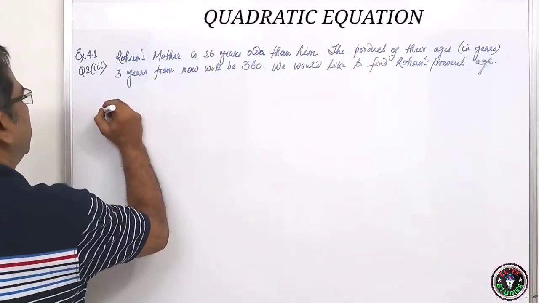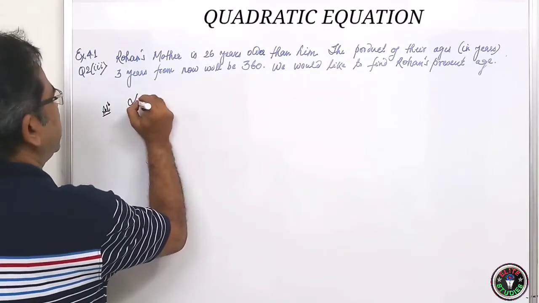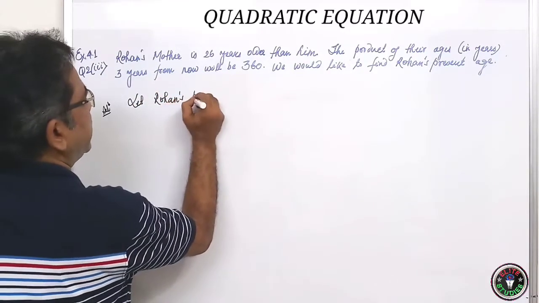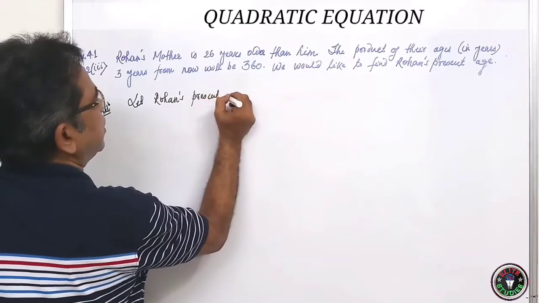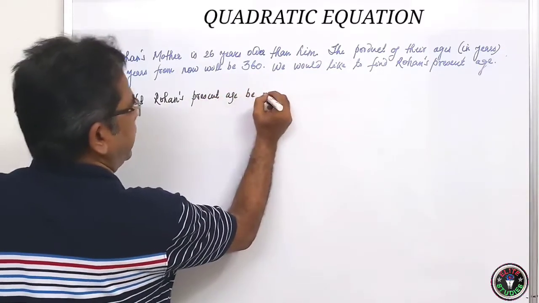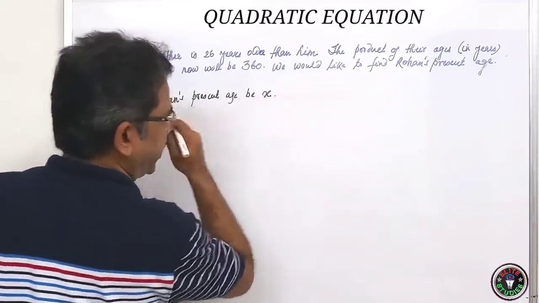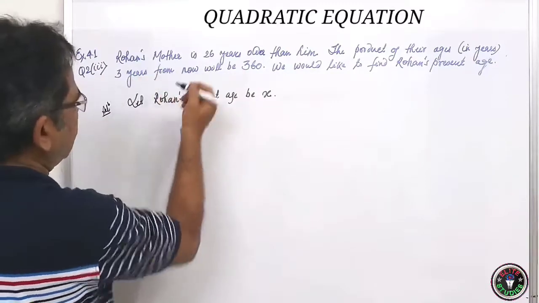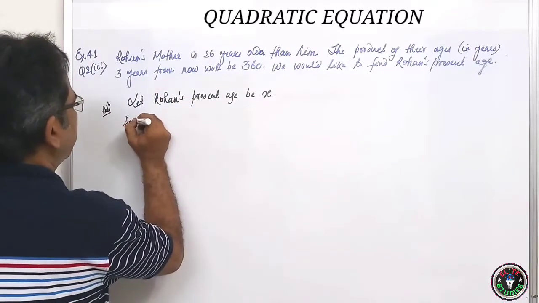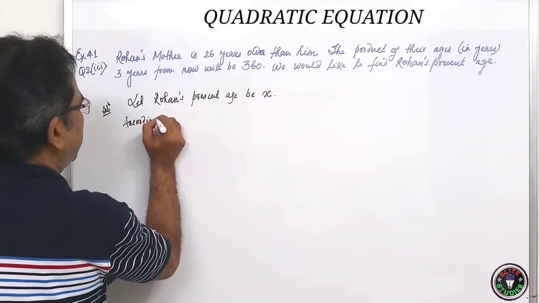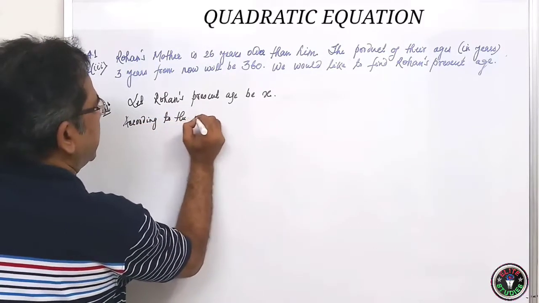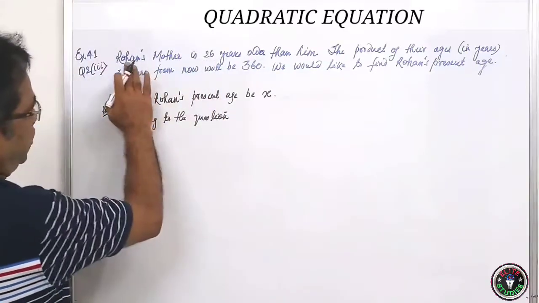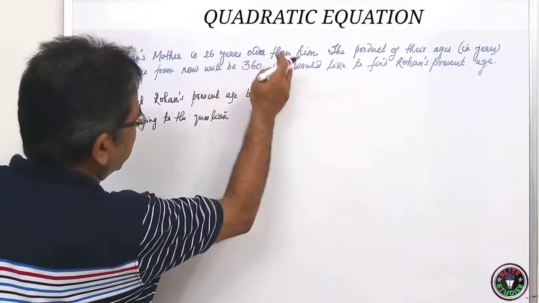So solution, let Rohan's present age be x, definitely in years. The present age is x. So according to the question, Rohan's mother is 26 years older than him at present.